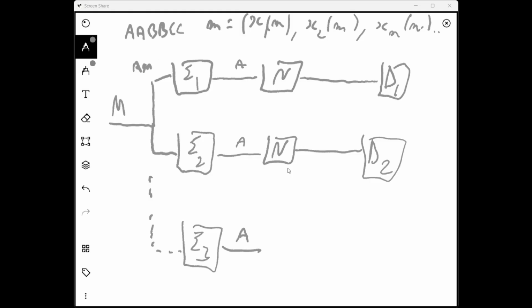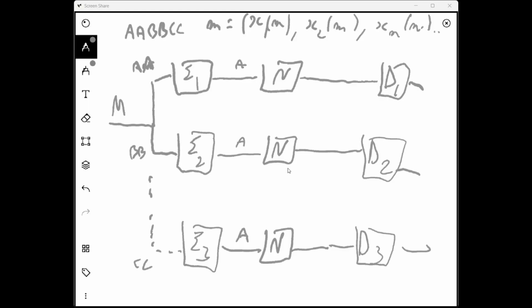Here we encode AA, here we encode BB, and here we encode CC. So we have our encoding, and this is just normal stuff. After, you do POVM, and you have the results of the measurements to recover AABBCC. You recover AABBCC at the end.